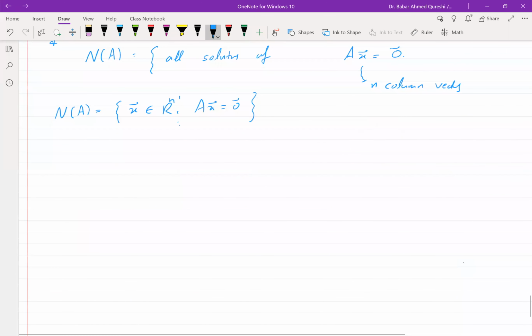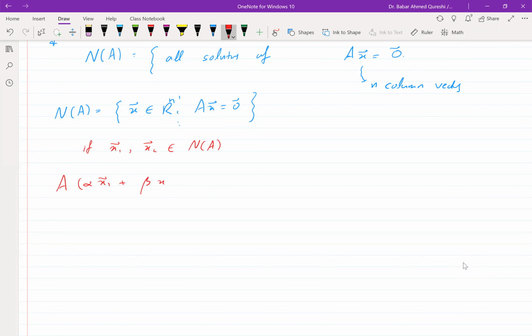Now you can again very easily check that if I have two solutions, then just by the distributive law of matrix multiplication, this will be zero. So this space of all solutions, if you are given a matrix, construct the homogeneous equation.